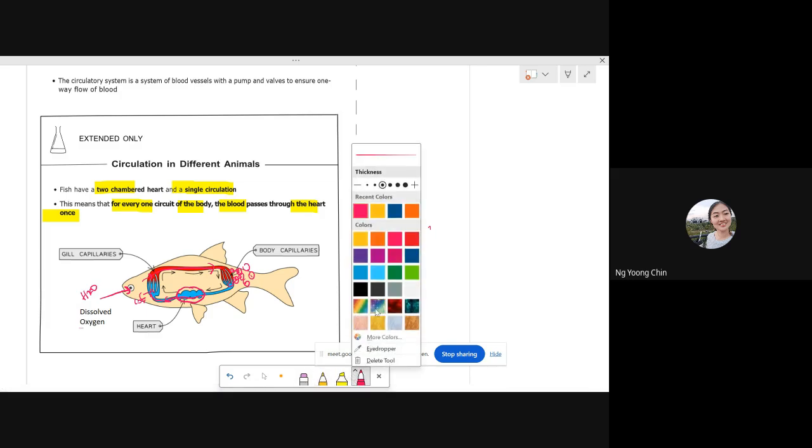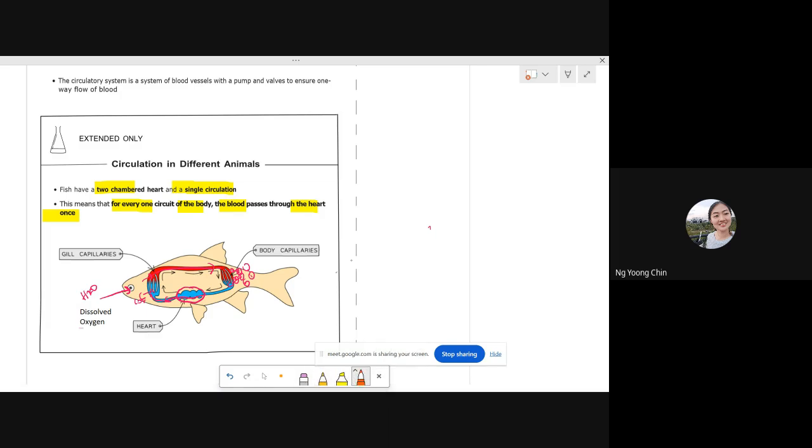Whenever the fish is respiring, it opens its mouth to allow water to enter into the mouth cavity and get into the gill cavity. You can also imagine that the gill also opens, right? When the gill opens, some water will flow out.